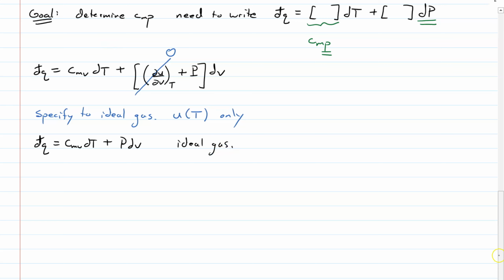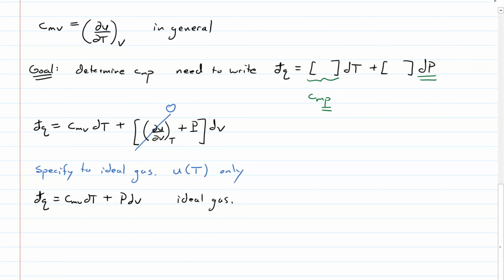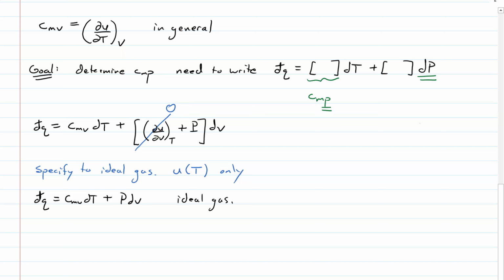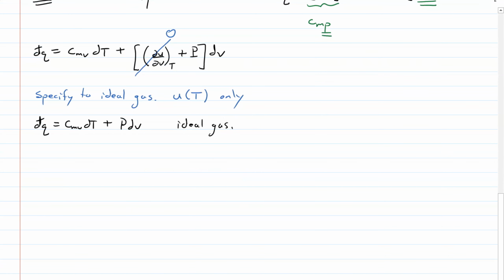And what I'm after is an equation which looks like this one up here. So I need to get rid of dV in favor of dP. I need to use now the ideal gas equation of state, which is P times V equals R times T. You might be thinking, wait a second, isn't it PV equals nRT?